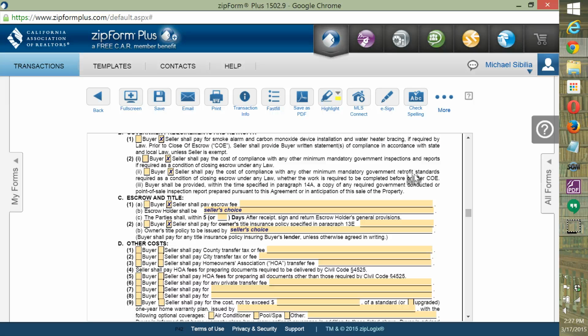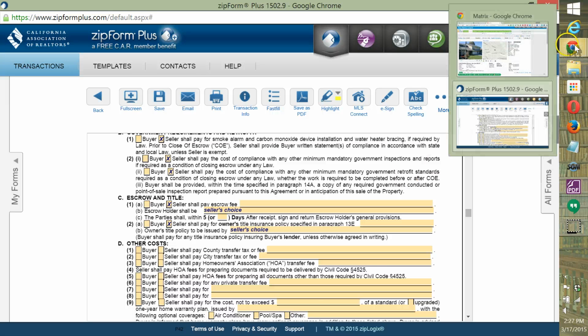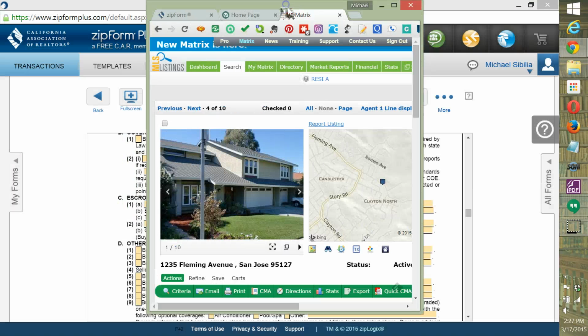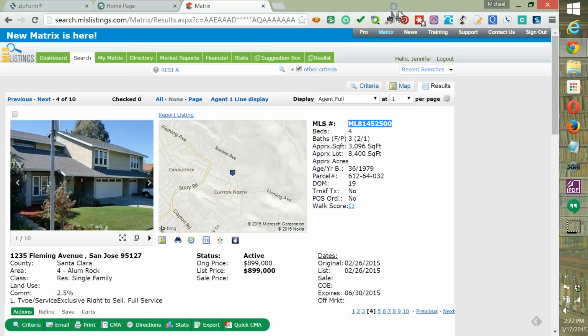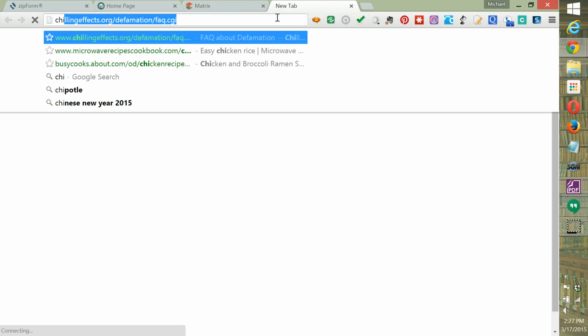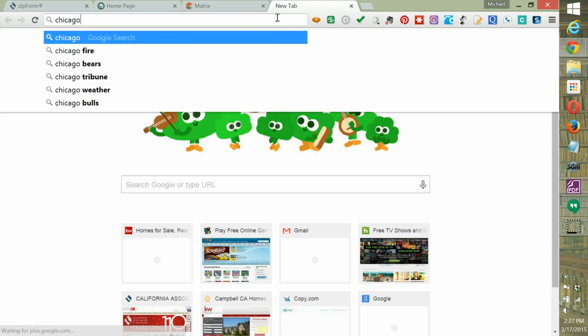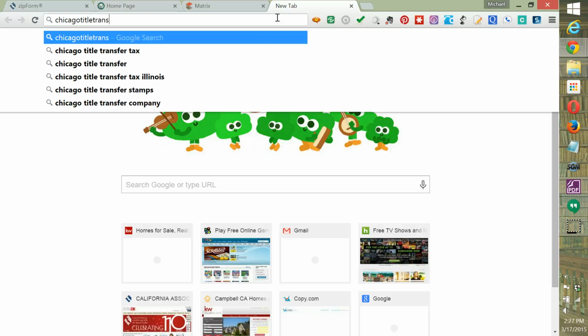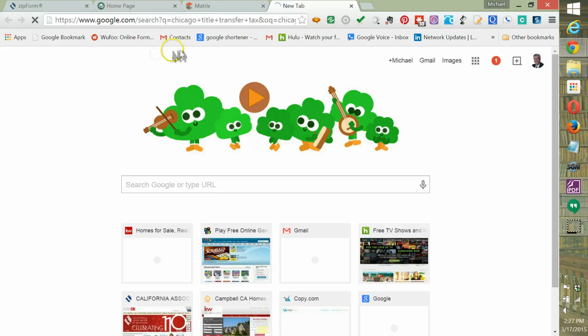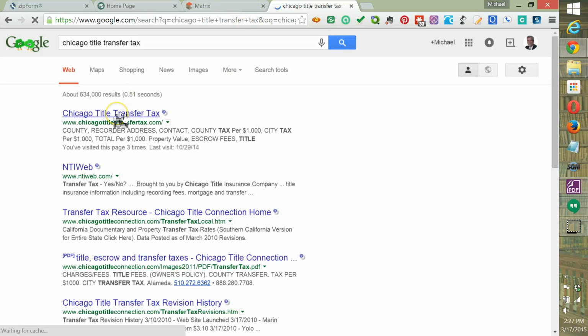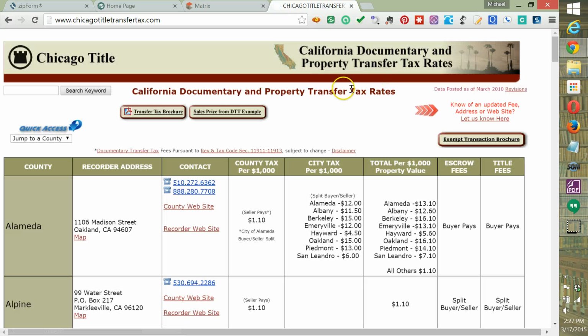If it's outside of Santa Clara County, there's a website called Chicago Title Transfer Tax, ChicagoTitleTransferTax.com, and I'm sure that other title companies have it.